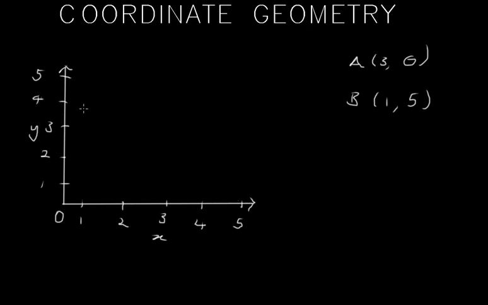So firstly, we identify the points A and B. For A, we are told A is 3, 0. So point A will lie there, right on the 3.